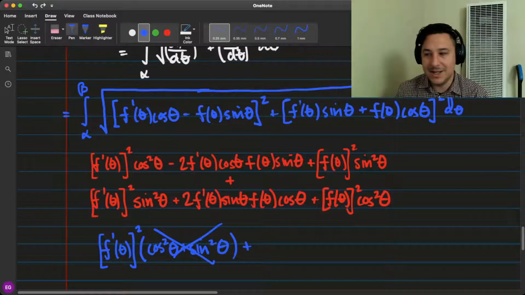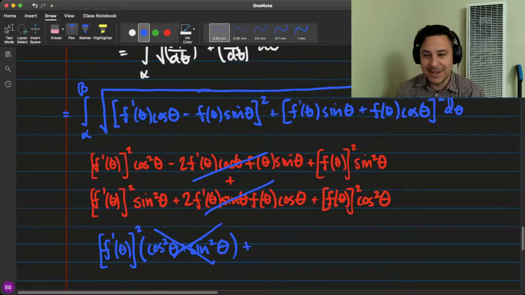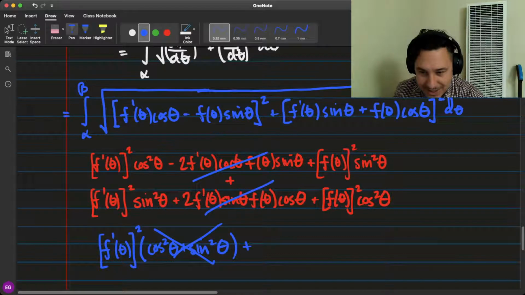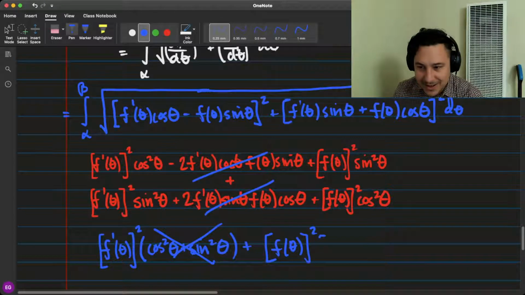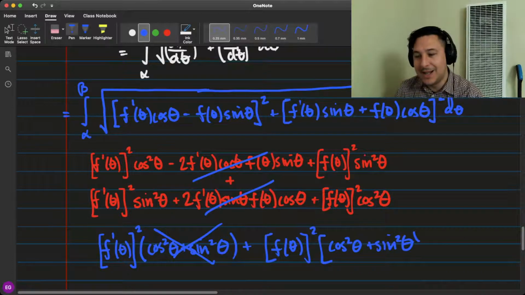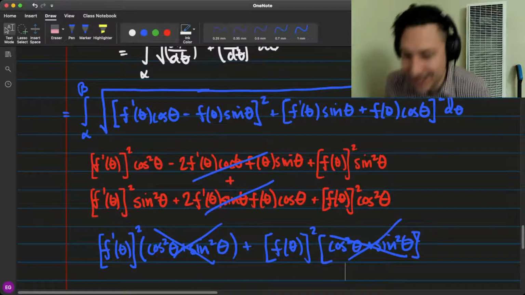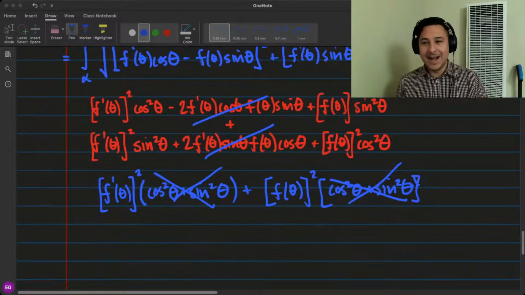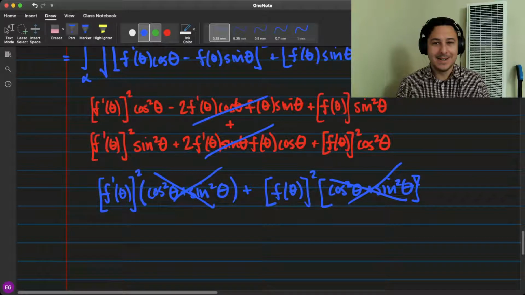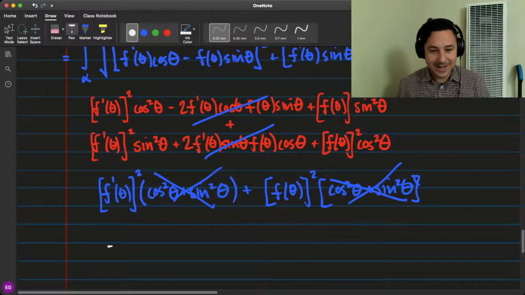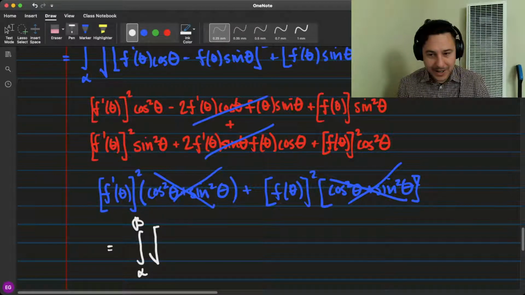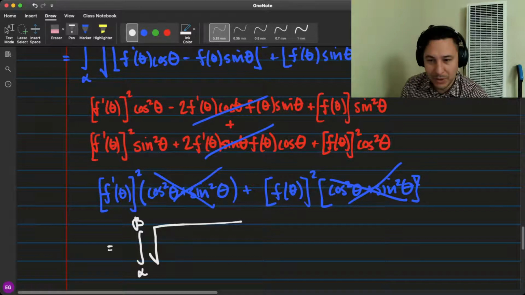Yeah, they cancel. Thank God, because you have that minus and the plus. Which means you factor out f theta quantity squared, and that leaves you with a cosine squared plus sine squared, and you're like, oh, this is awesome. It goes away. Okay, so you keep going. And you're like, yay, this becomes an integral from alpha to beta, and you're left with square root, and both of these are squared.